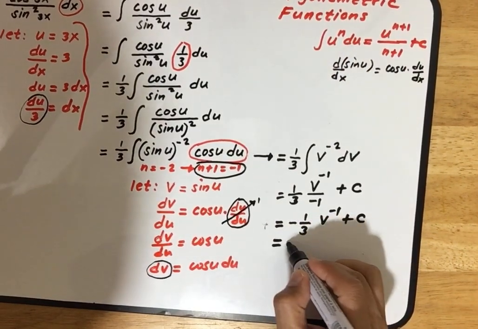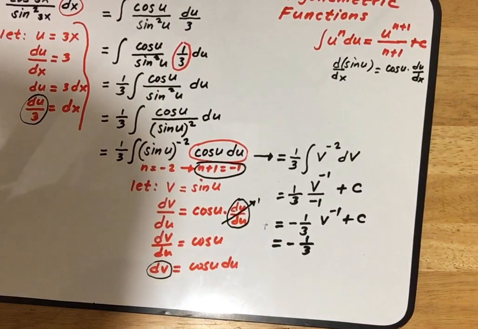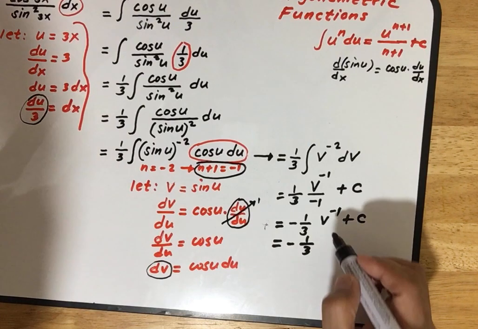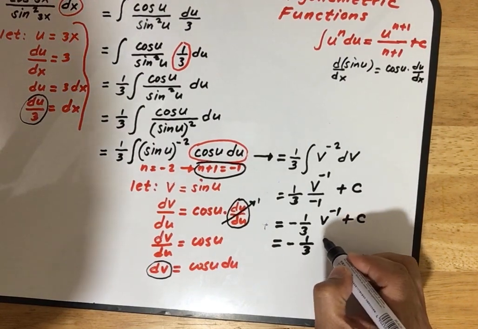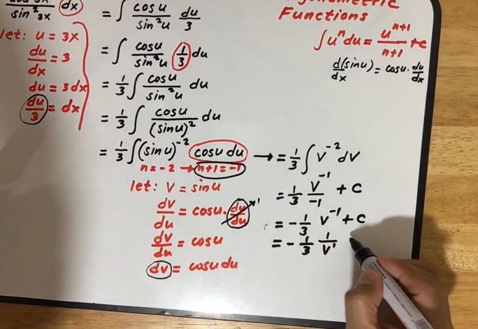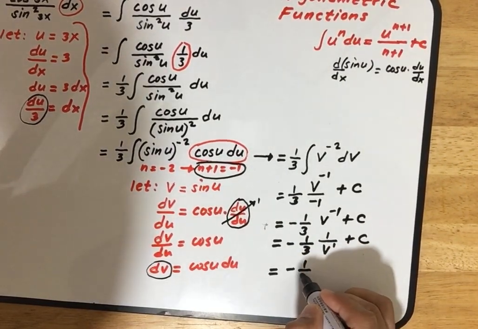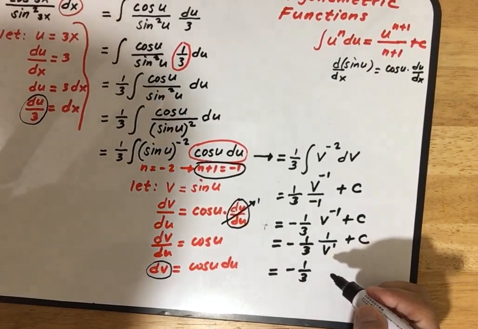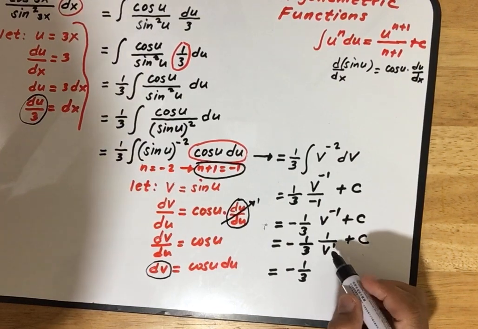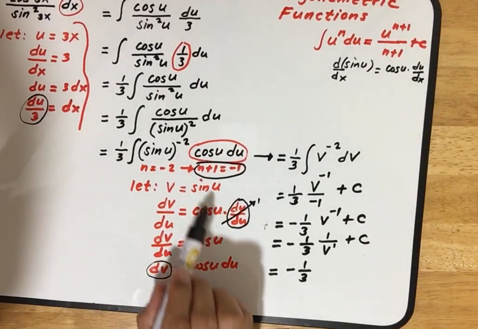From the law of exponents, v to the minus 1 can be written as 1 over v to the positive 1. So this is minus 1/3 times 1 over v, where our v is equal to sine u.